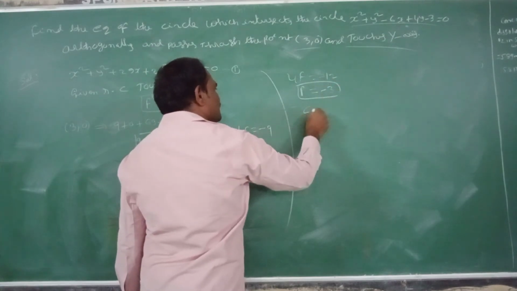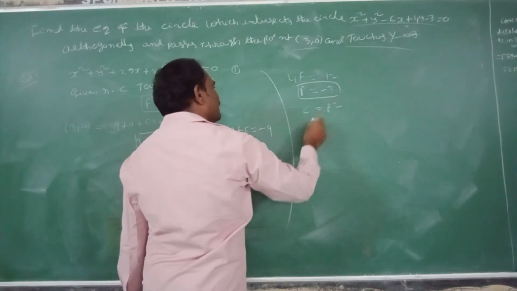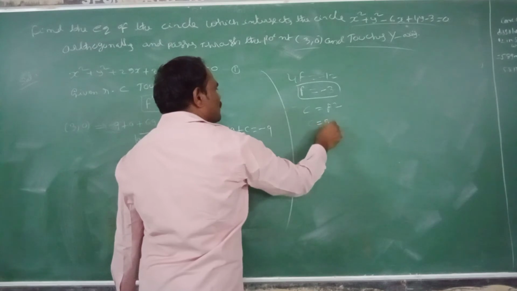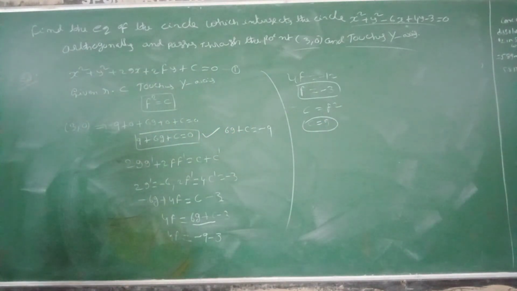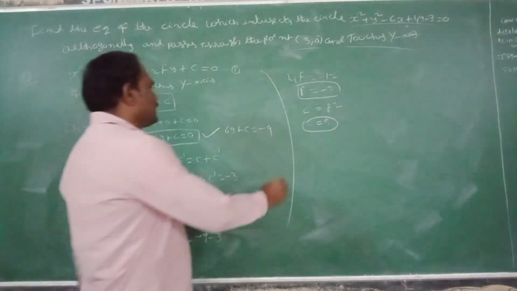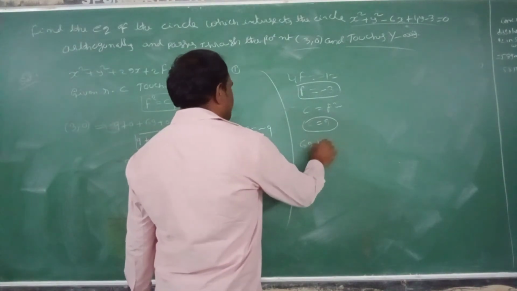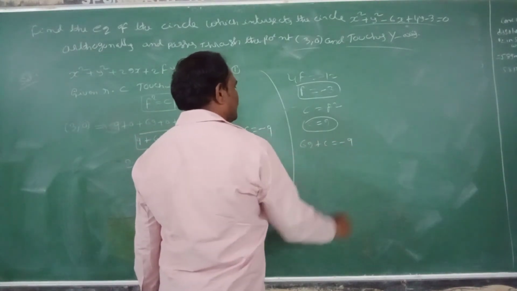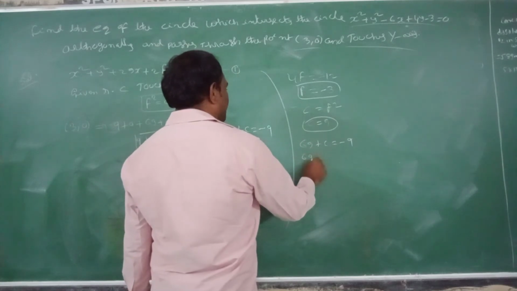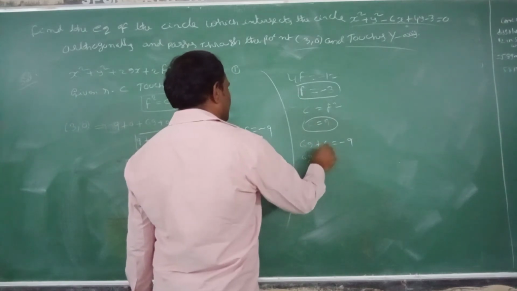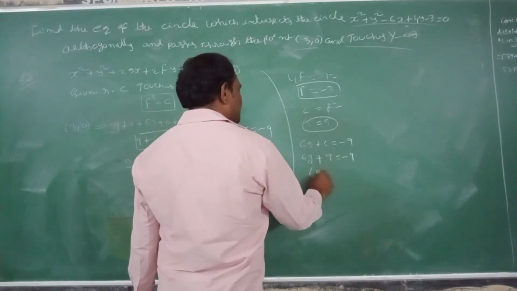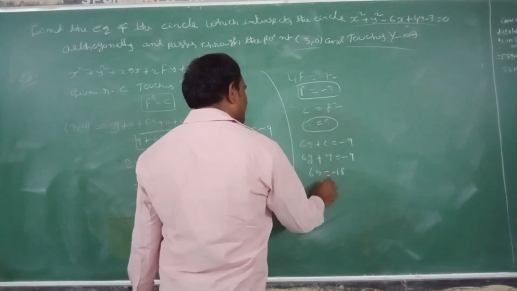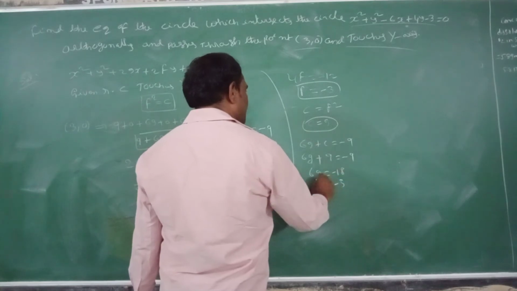Since c is equal to f squared, we get c is equal to 9. Then 6g plus c is equal to minus 9, so 6g is equal to minus 9 minus 9, 6g is equal to minus 18, g is equal to minus 3.